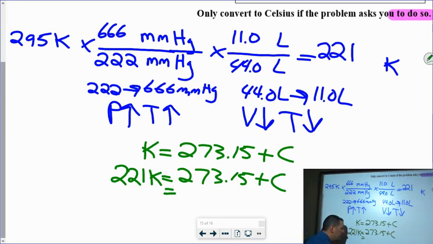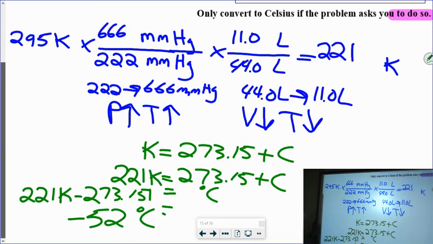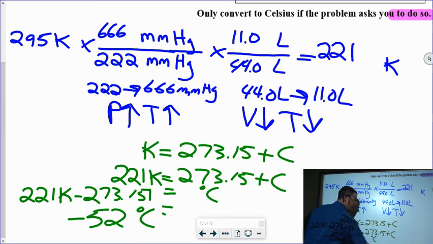So if you remember how to do this kind of math, we would end up taking 221 K minus the 273.15, and that's going to equal our Celsius temperature. So when you do all of that work with the correct sig figs, you get negative 52 degrees Celsius. Again, you would only be doing this for problems where it asks you to do it.